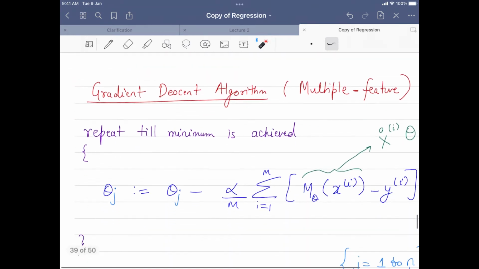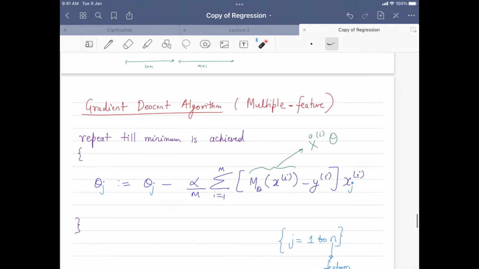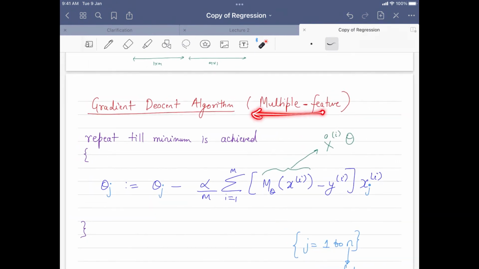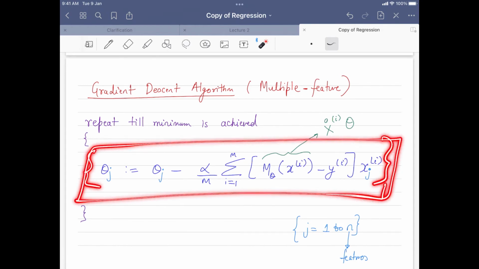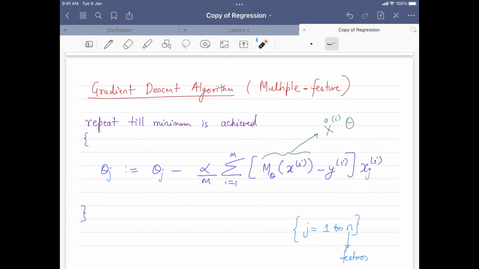So now if you want to actually write the gradient descent equation for multiple features without the matrix version, it's like this. Same thing which we had done for the single feature, but the only difference is now I am representing j here as the subscript, and j will be running from 1 to n, where n is the total number of features.